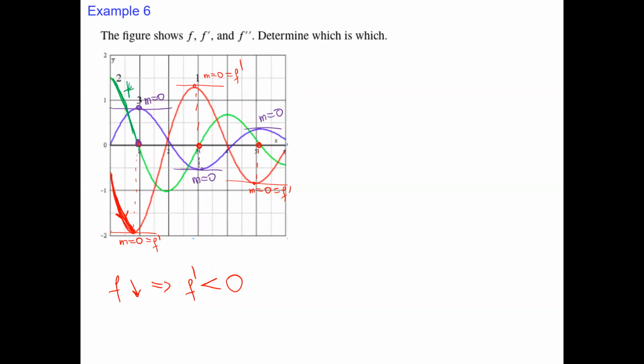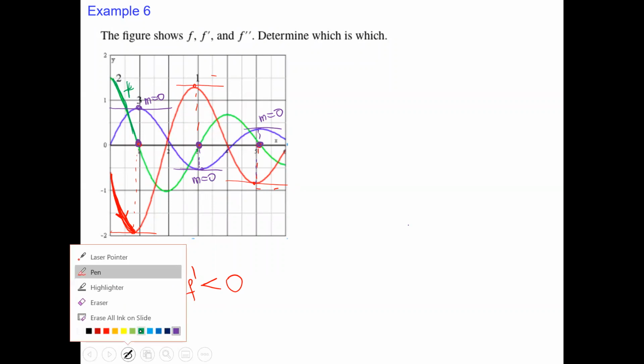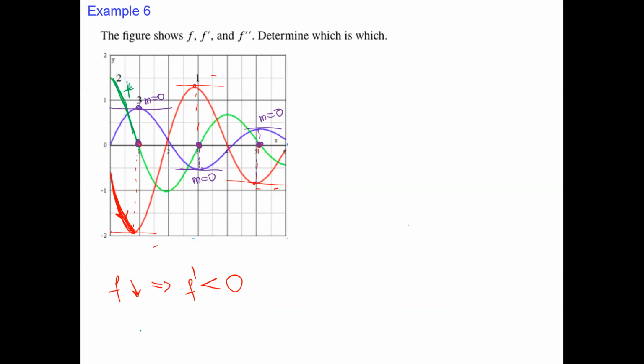This is slope, this is value 0. I'm not looking at the red anymore. I can even remove that red. Red didn't work. Now I'm looking at the purple. This slope is 0 and the value of the green function is 0. That means green looks like the derivative, but let's double check.